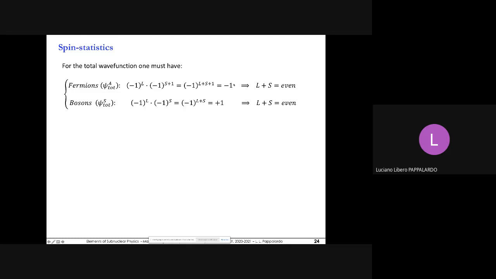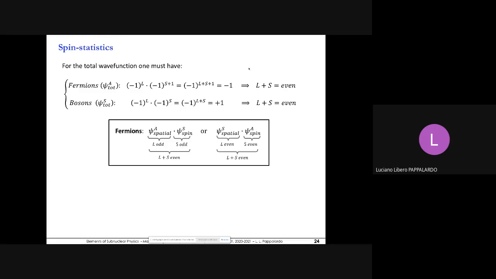Both constraints are only possible if L plus S is even, as you can see. So if L plus S is even, everything is determined by this +1, so you get a -1. In this case, you get a plus sign.